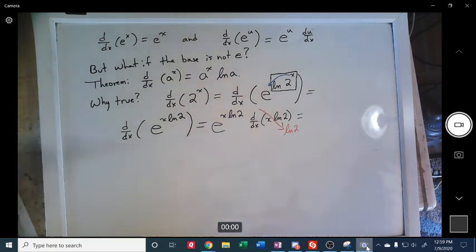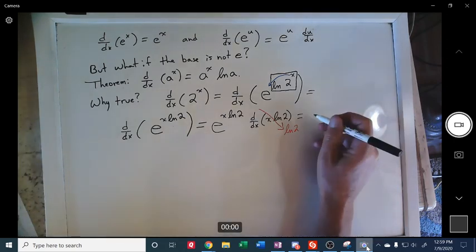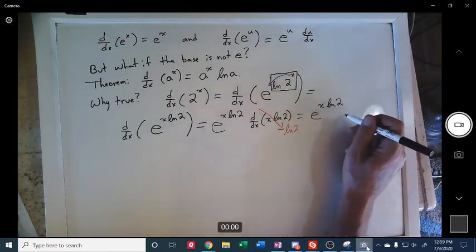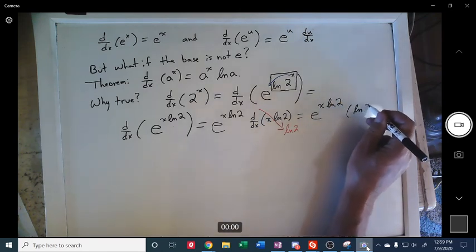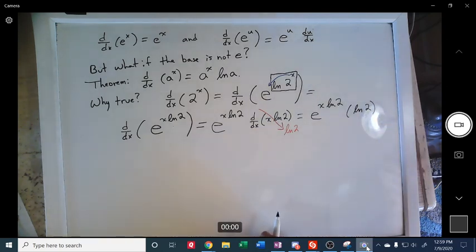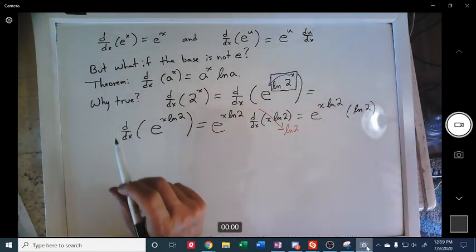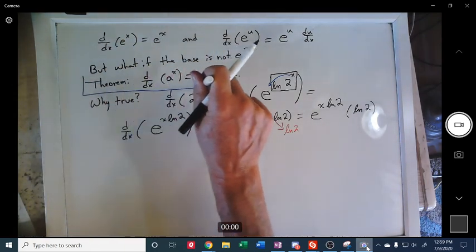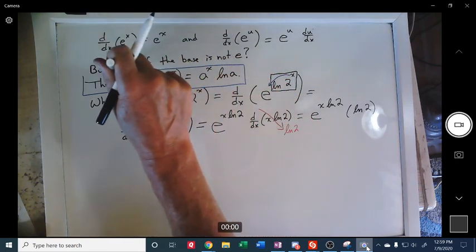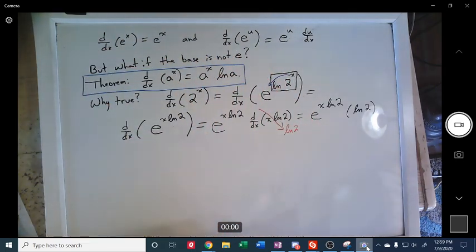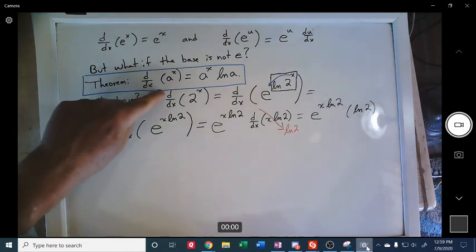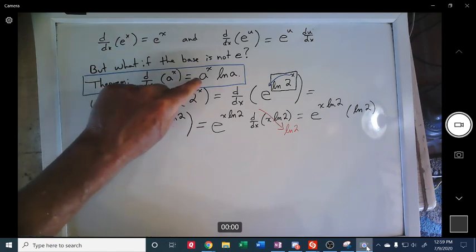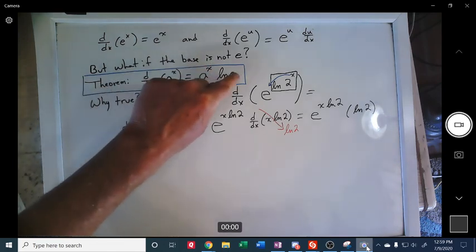Now, this is going to give me e to the x ln2 times ln2. Now, look at this theorem. According to this theorem, if you replace a with 2, the derivative of 2 to the x should wind up giving me 2 to the x ln2.